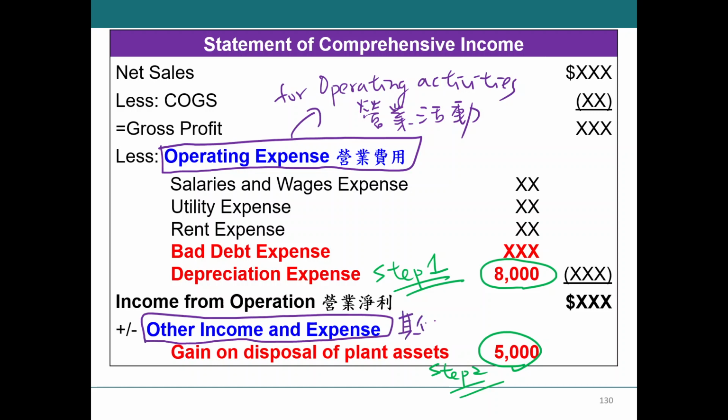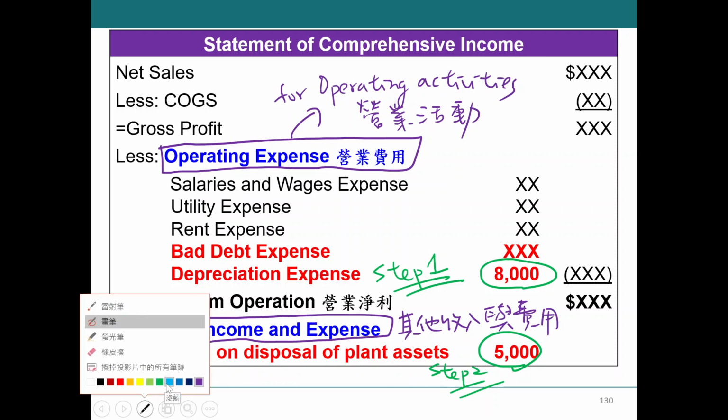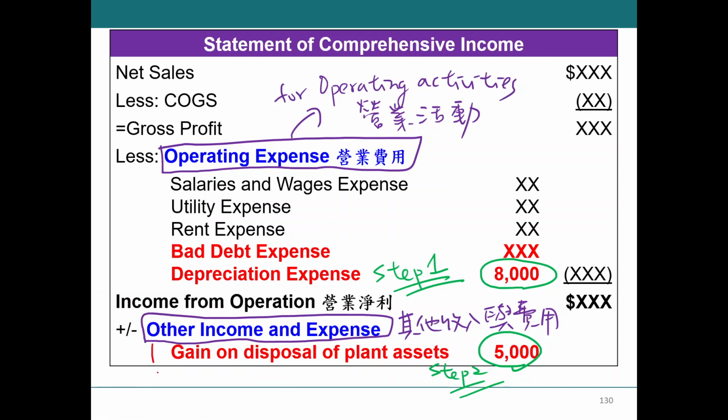This part we put only for investing and financing activity.